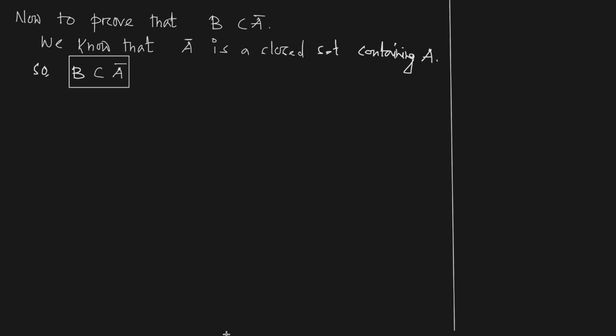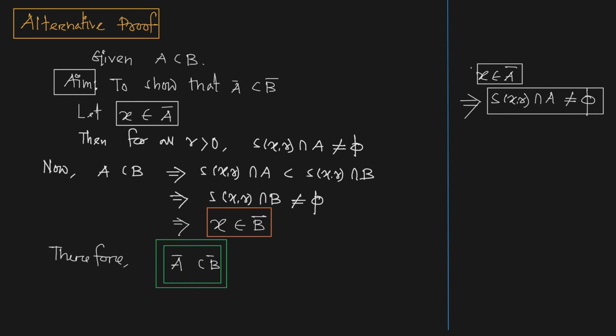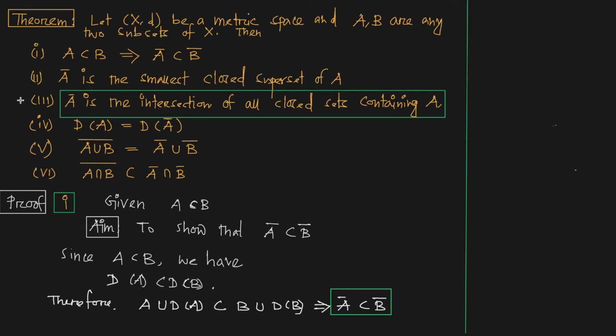So hence A bar is equal to B. So that is, A bar is the intersection of all closed sets containing A. What did I take B to be? I took B to be the intersection of all closed sets containing A. I proved that A bar is equal to B. So A bar is the intersection of all closed sets containing A. Okay, so we have done property 3.